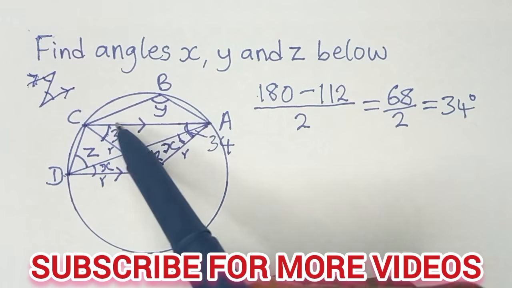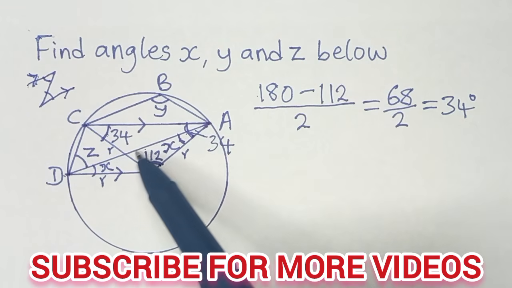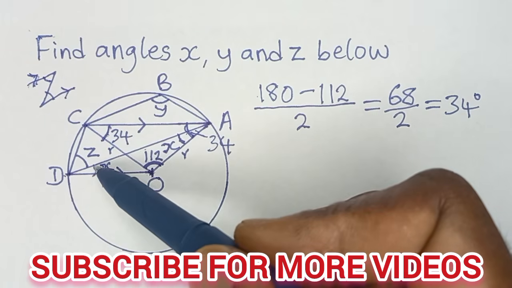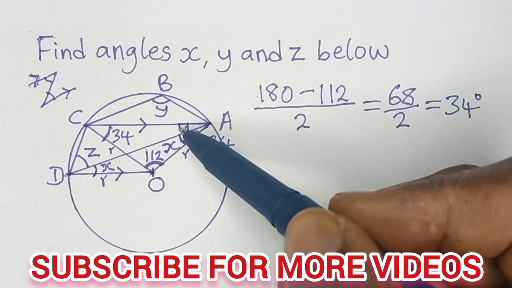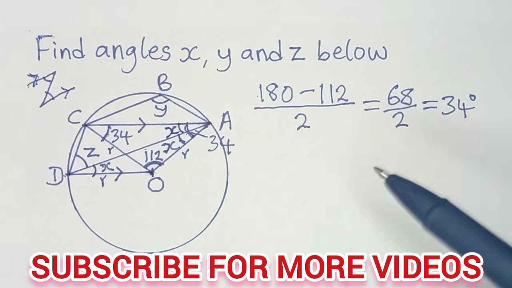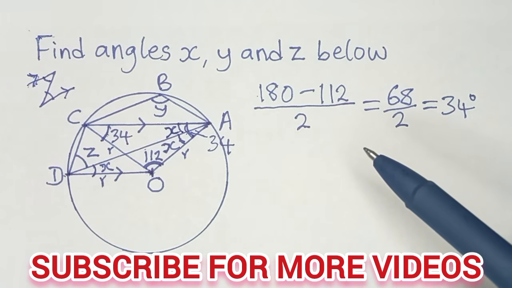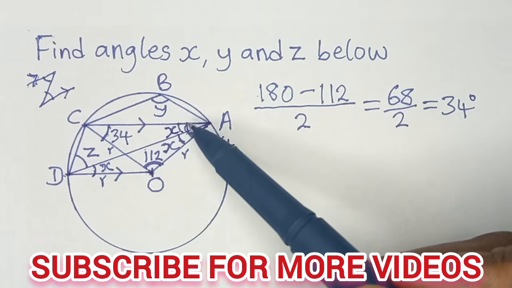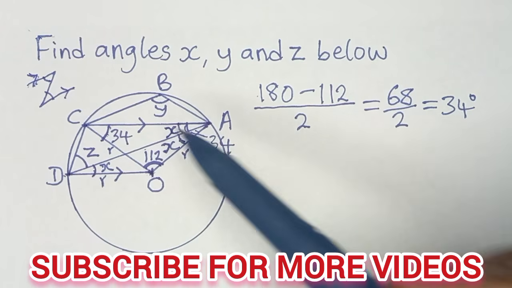So if you look at this parallel line now, follow my tracing, you see it now that this angle, which is X, will also be equal to this angle, which is X, because they are alternate angles, and alternate angles are equal. So this is X and this is also X, alternate angles.